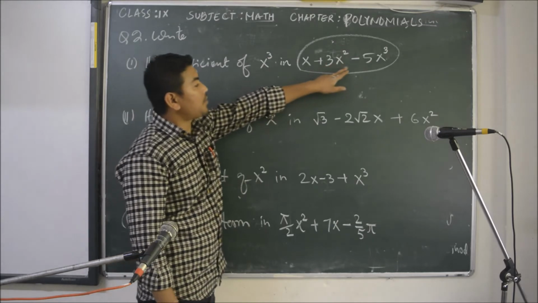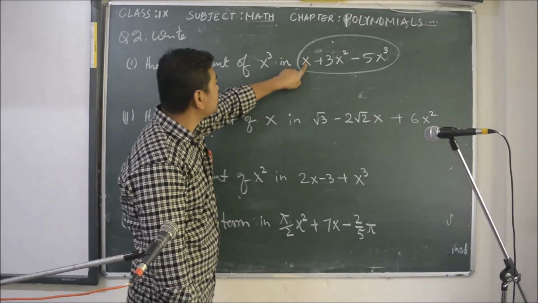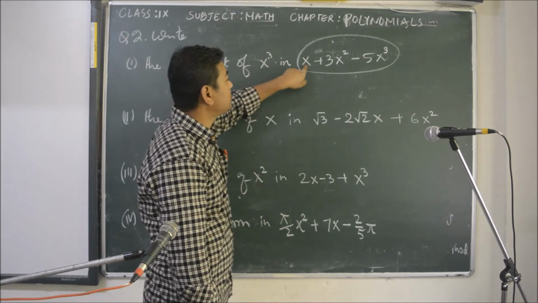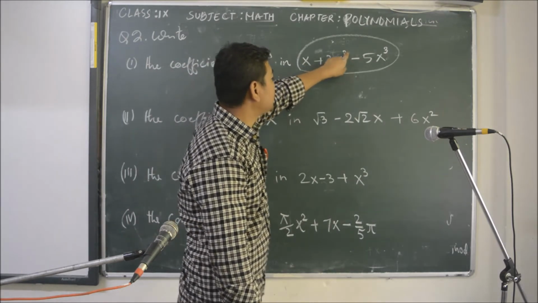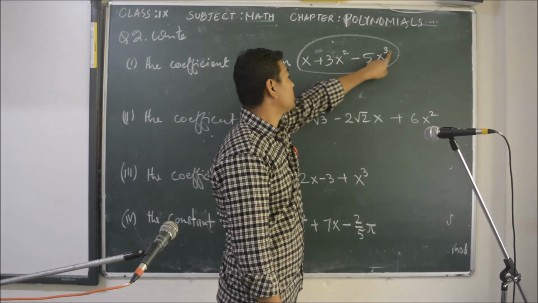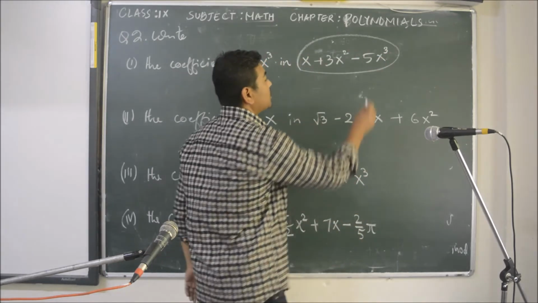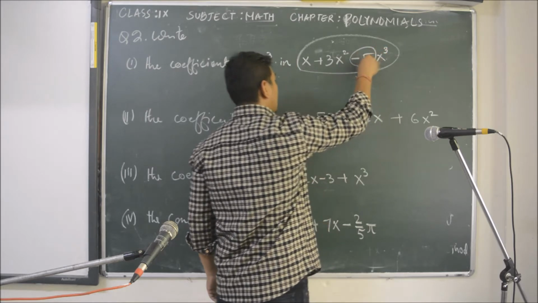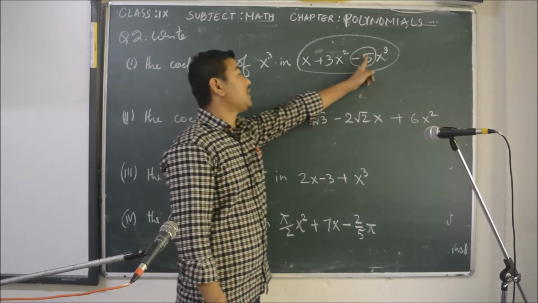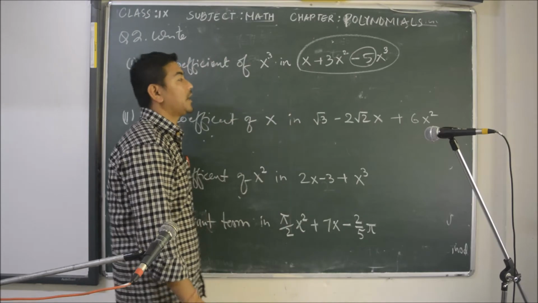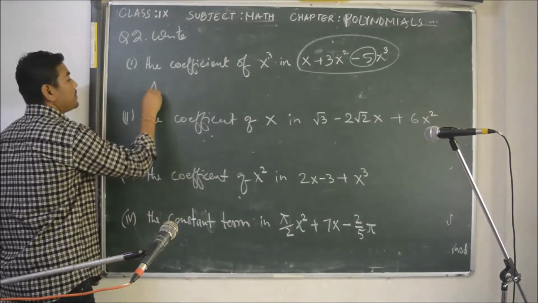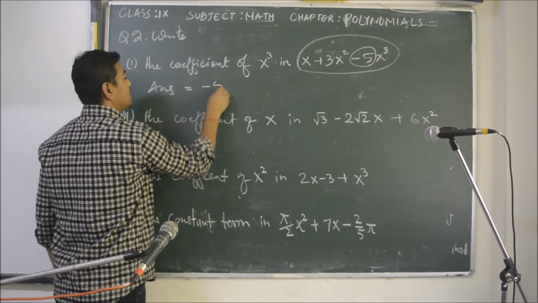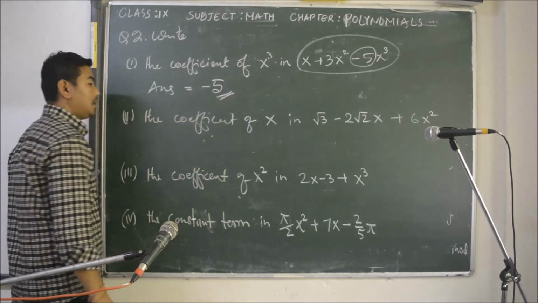So if you see this polynomial, this is x term, this is x square term, now this is x cube term. We are looking for the x cube term. So which number is before x cube? Minus 5. So this minus 5 is called the coefficient of x cube. So your answer will be, the coefficient of x cube is minus 5.